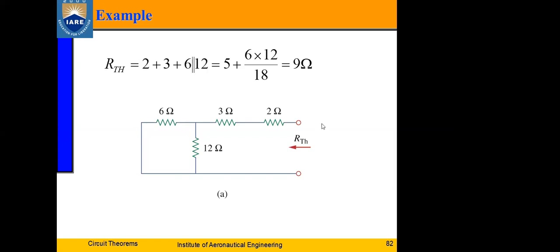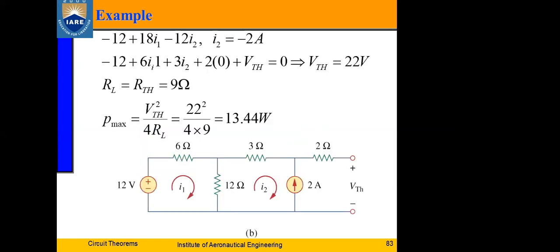VTH is 22. RTH is 9. Then go back and go to the elements. Branch, select only resistor. Resistor value 1000 ohms. So the maximum power that can be transferred is 13.44 watts.